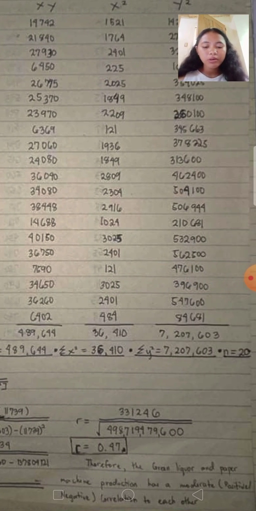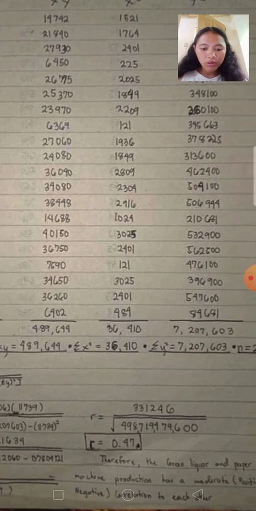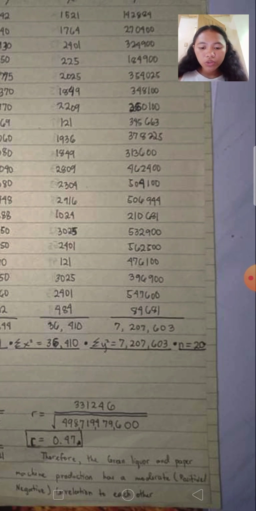Then, i-proper nga solve nato using calculators para makuha na ang value ni R. And then, we should get 2 decimal places for this. So, ang value ni Pearson correlation coefficient, or ang value ni R, at the end of the solution is 0.47.